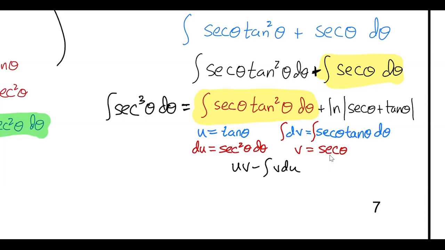So secant theta tan theta minus the integral of v, so secant theta du, so secant cube theta d theta.